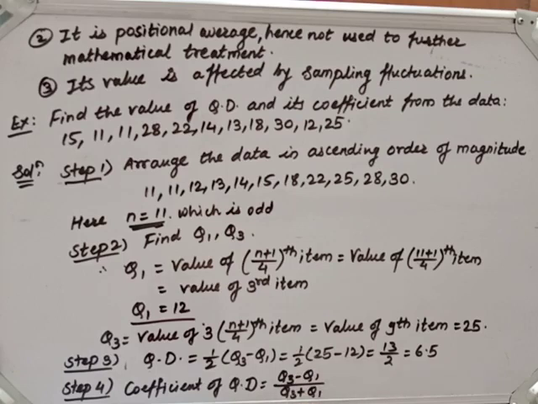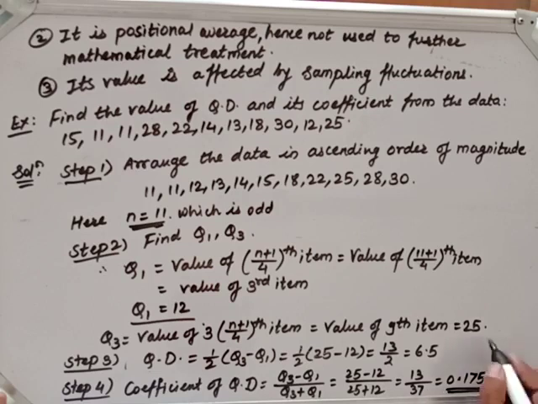So 25 minus 12 upon 25 plus 12. This is 13 upon 37, so the value is 0.17567. This is our answer: the quartile deviation and its coefficient. As such, for the individual series distribution, we can easily determine it.